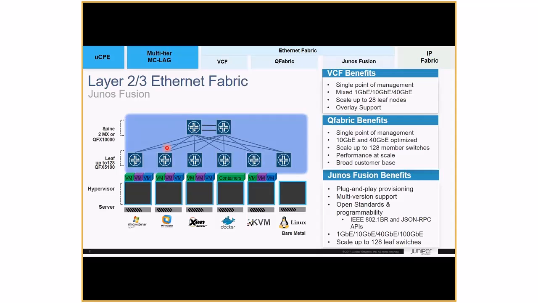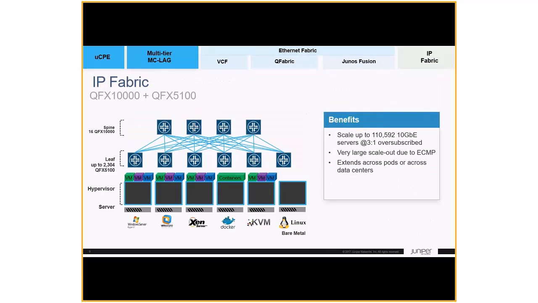When we go to IP fabrics, this again is what I had indicated we see in a lot of our huge hyperscale data centers. And the key to routing protocols is equal cost multipath.